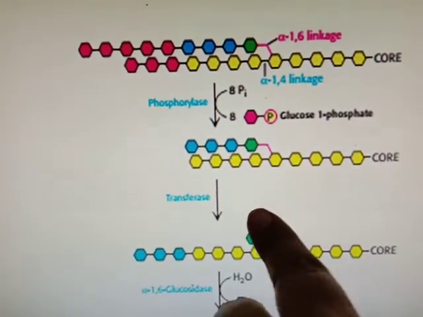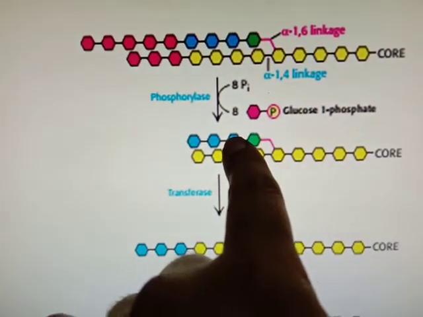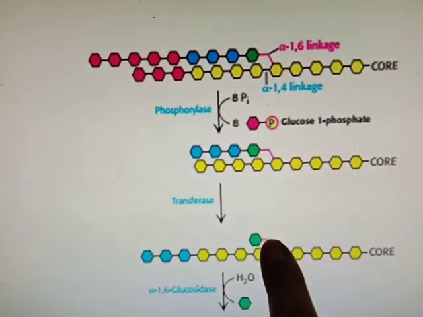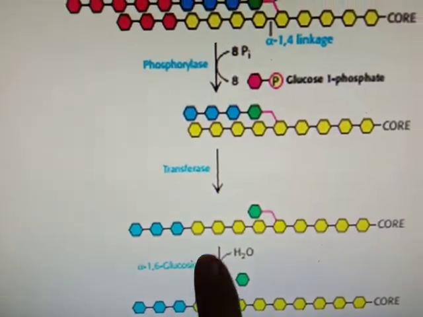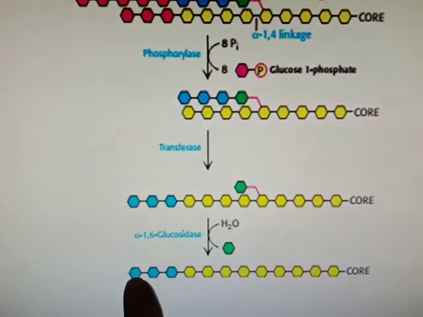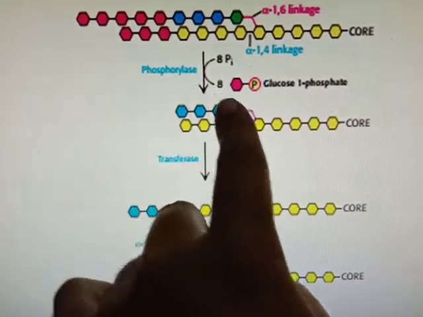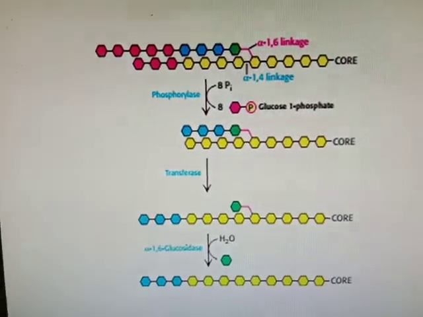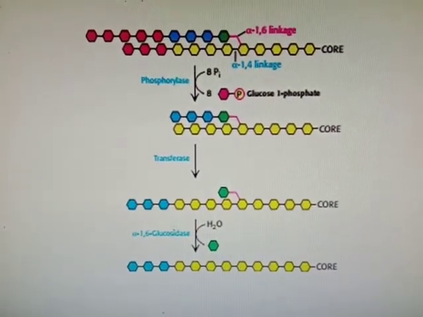So for that the transferase enzyme will act and it will transfer glucose molecules to the non-reducing end of the linear chain. Only one glucose molecule is present. Then alpha 1,6 glucosidase will remove this glucose from the branching point. Then this linear chain again will undergo phosphorylase action to release glucose 1-phosphate until the next branching point comes. Likewise, degradation of glycogen takes place.